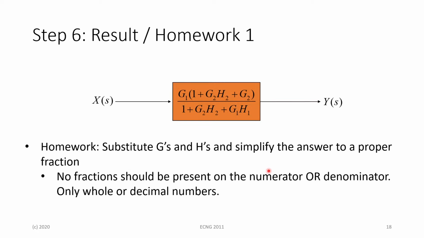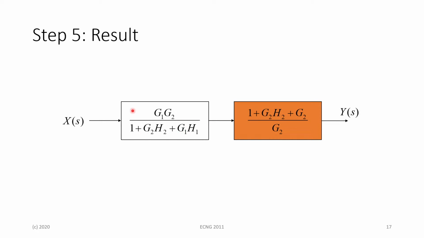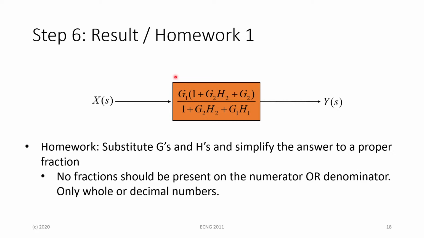Our last step would be to just multiply the two blocks accordingly, and we get our final transfer function mapping y of s to x of s. So our transfer function is obtained in reducing the entire block diagram from a complex version to a simple version, which is just represented by one block.